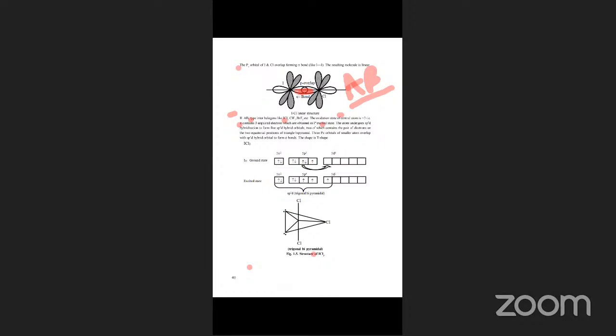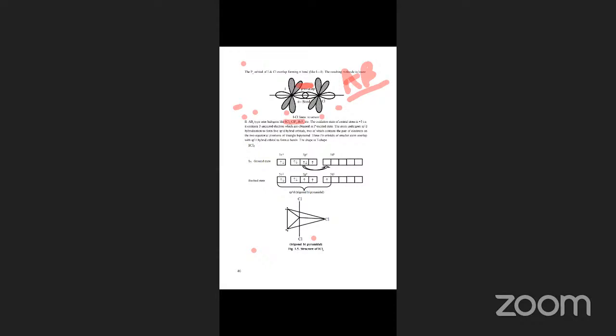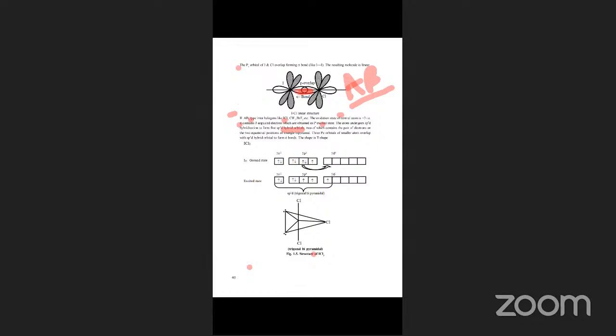In the sp3d hybrid orbitals, 2 containing pairs of electrons occupy the equatorial positions in the trigonal bipyramid, and the 3 p orbitals of the smaller atoms overlap with the hybrid orbitals to form sigma bonds.